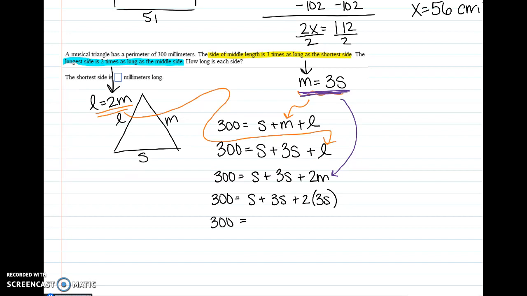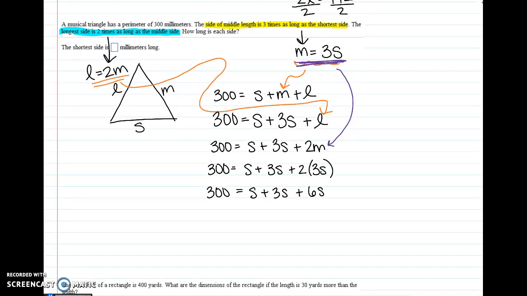So we have 300 equals S plus 3S plus 6S. And when I add 1S and 3 S's and 6 S's, I get 10 S's. And I can divide both sides by 10, and I get that the shortest side is 30. Shortest side equals 30. Good for us.